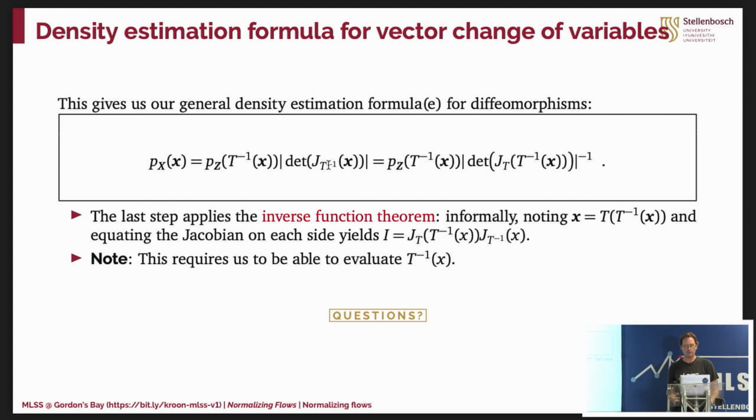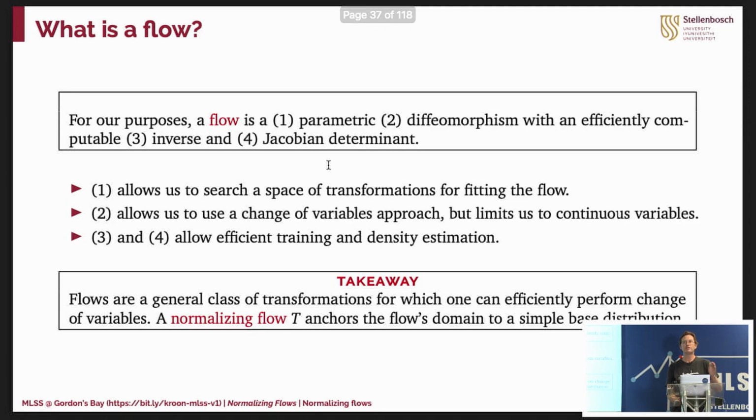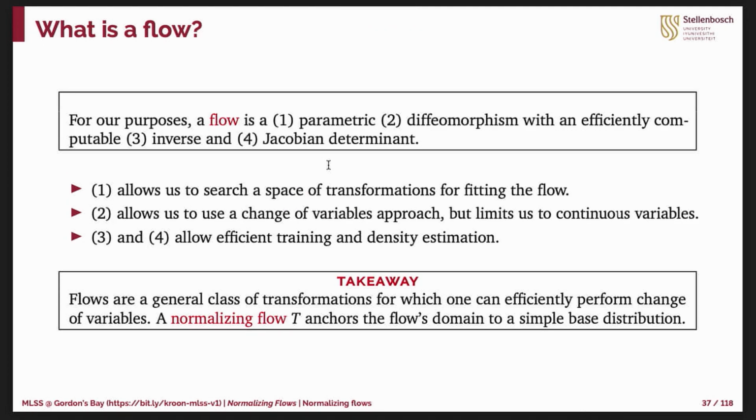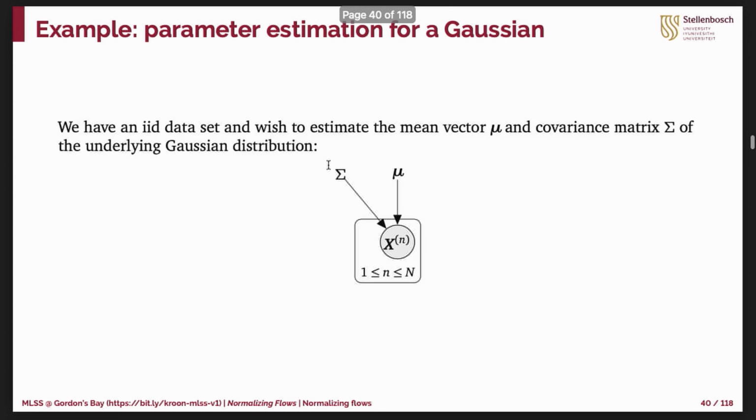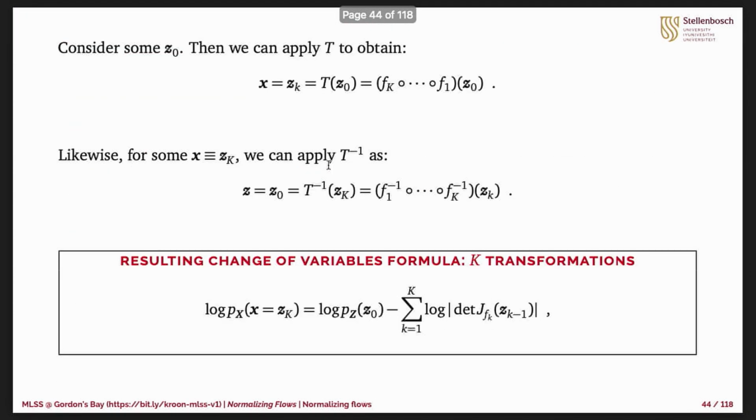And when we do that and we use the fact that the Jacobian of a composition of functions is the product of the Jacobians, we get this formula over here: the log of the data distribution density is the log of the base distribution density with a bunch of terms added, which are logs of absolute values of Jacobian determinants. Okay, so that is the mechanism that we want to use.